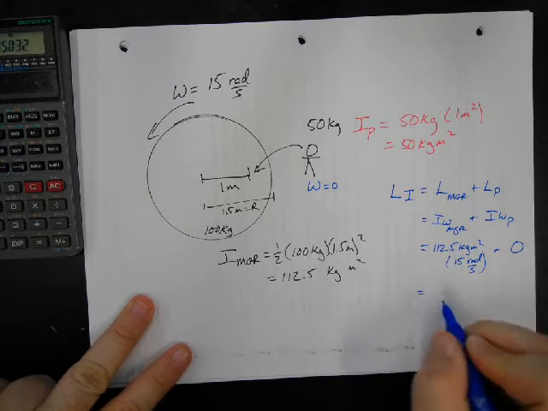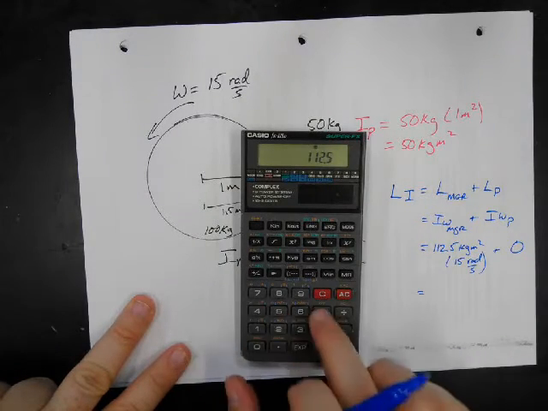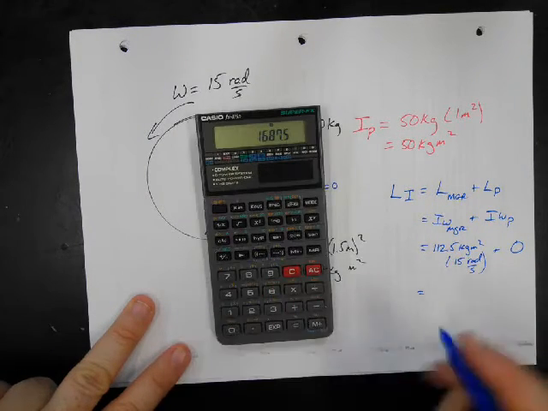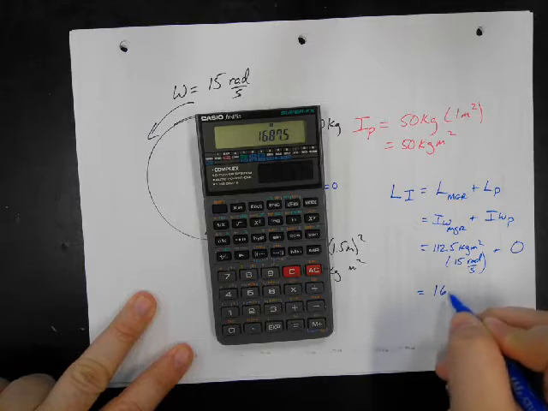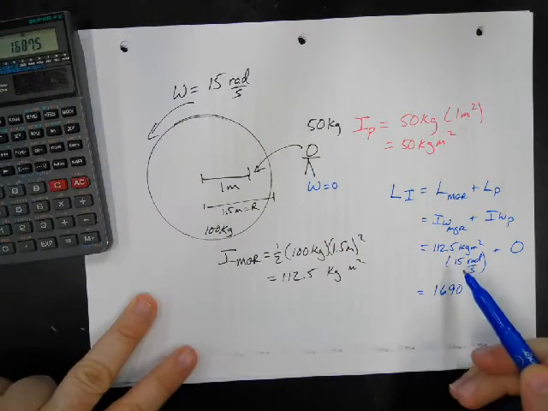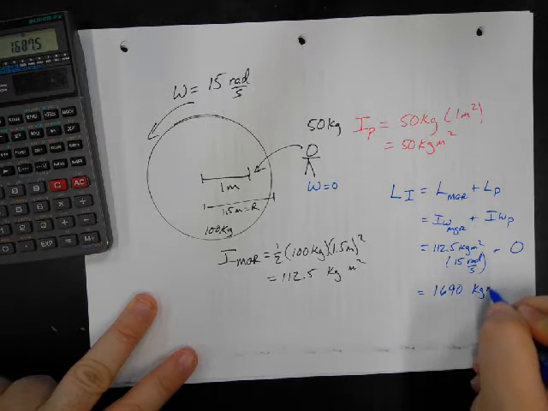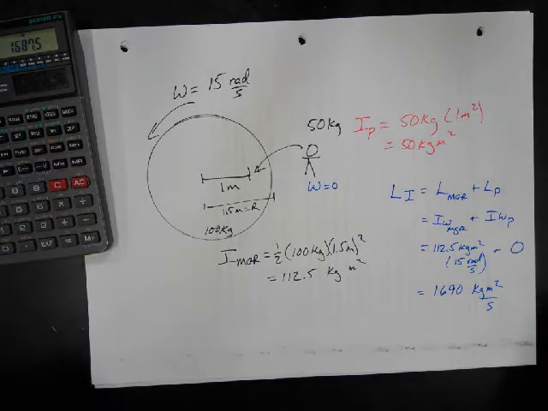And so we'll have 112.5 times 15, which is 1,690. And our units here, the radians are going to go away, and we're going to have kilogram meter squared per second. That is angular momentum.